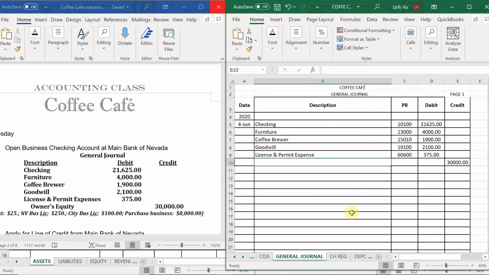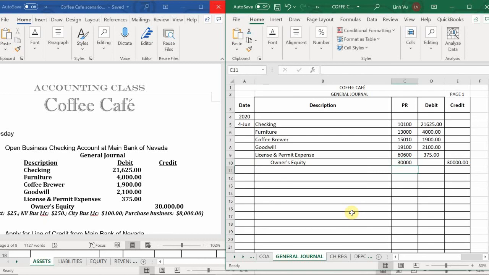Okay, so here, it's a credit account and it's going to be for owner's equity, which we know is account number 30,000.